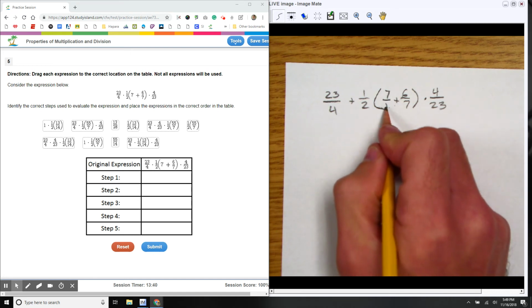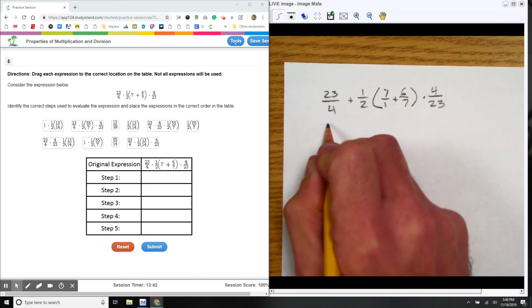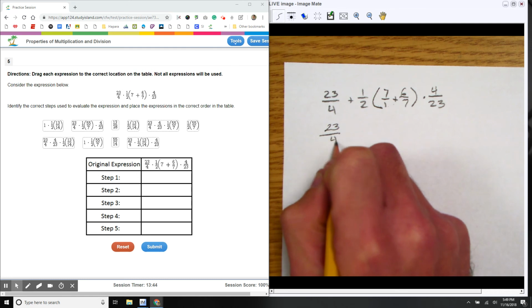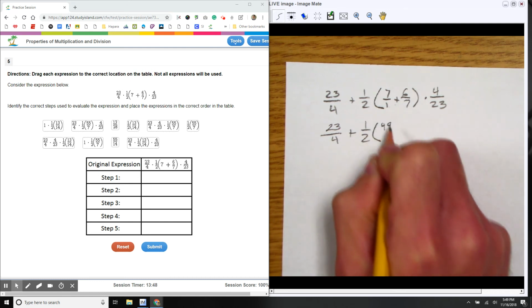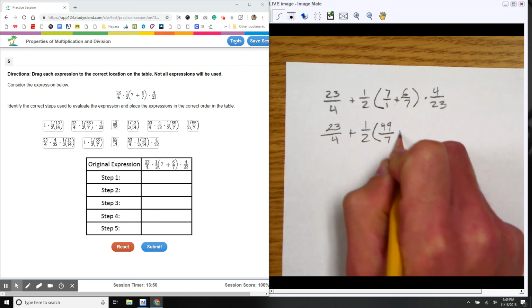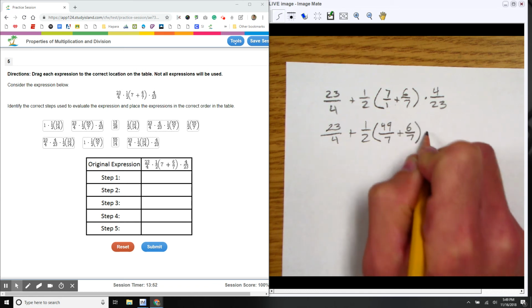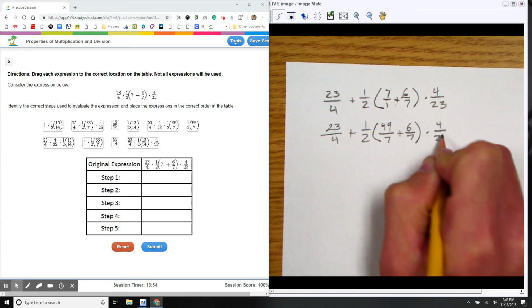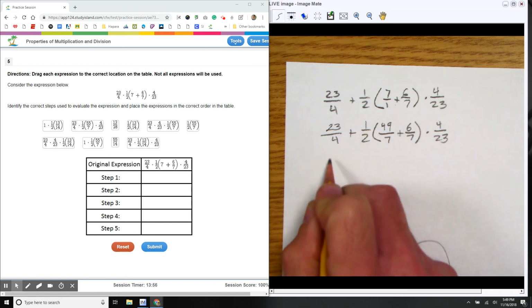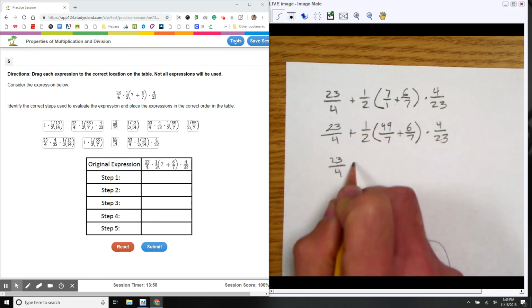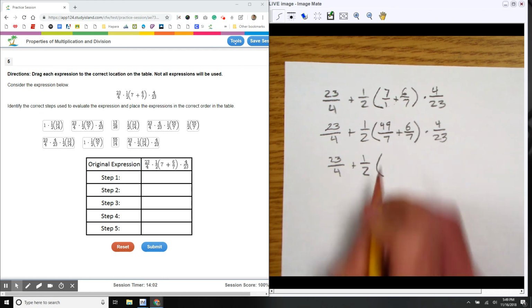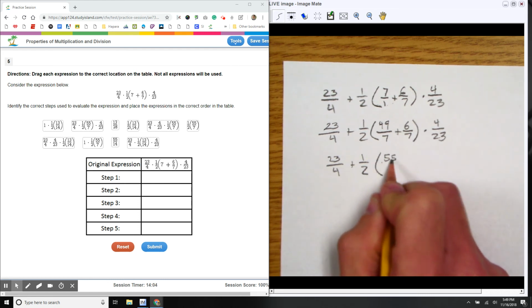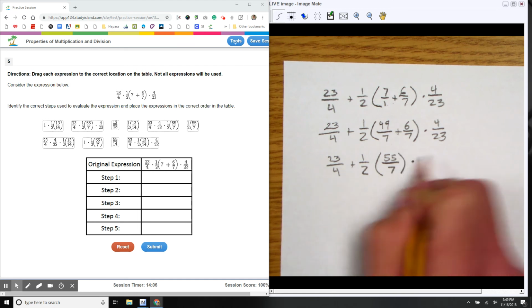So 7 times 7 is 49, 1 times 7 is 7, plus 6/7 times 4/23. Now I can finally add them together. So I have 23/4 times 1/2 times what? 49 plus 6 is 55, so this becomes 55/7. And then times 4/23.